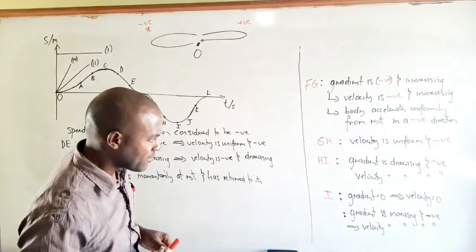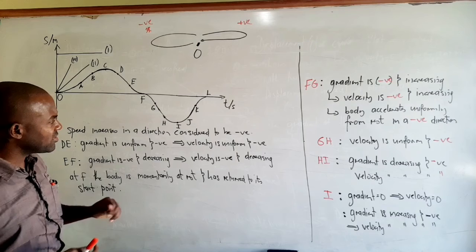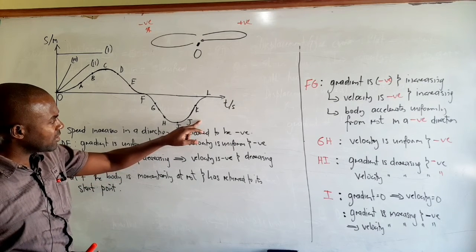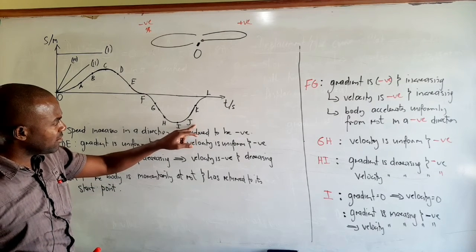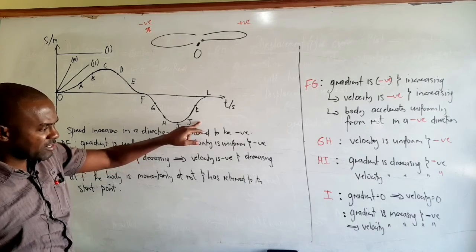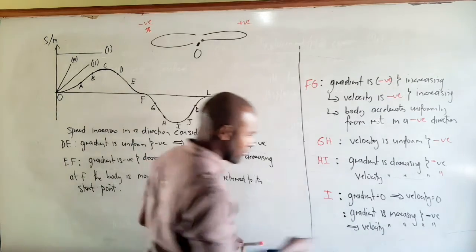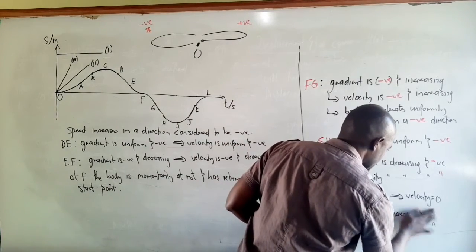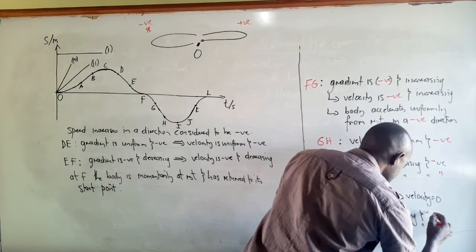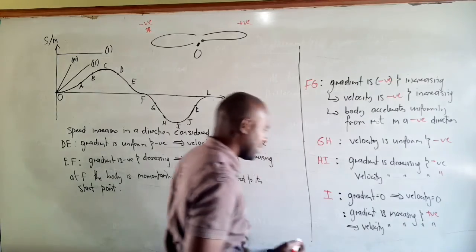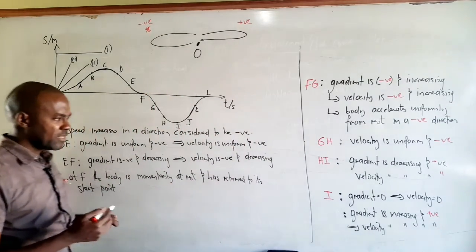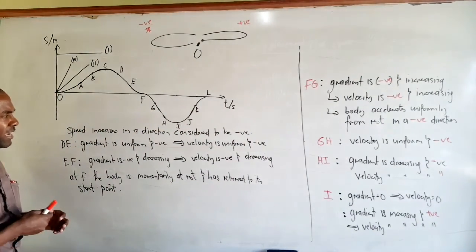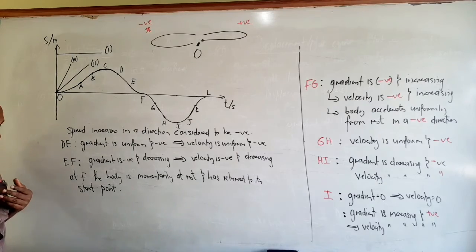Now IJ, the gradient will start to increase, and the gradient is positive and increasing. So the gradient is increasing and positive, and therefore the velocity is increasing and positive, right?